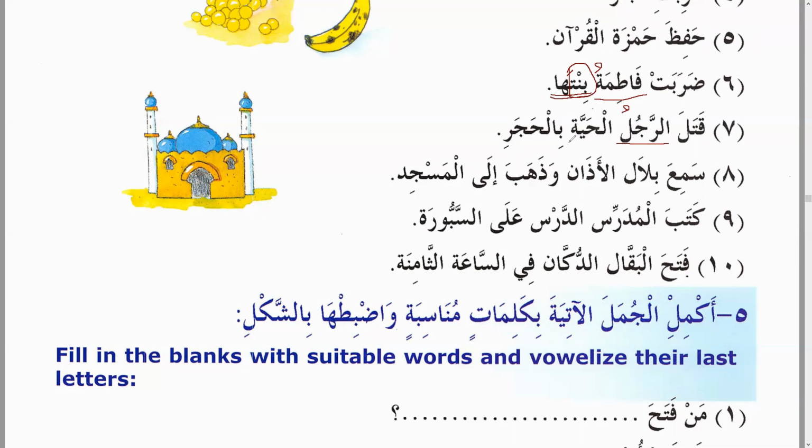The man killed the snake, right? With the stone. So the object is only one, right? Al-hayyata, yes.